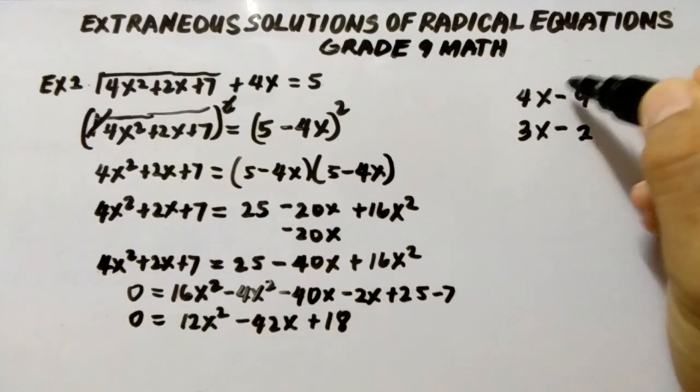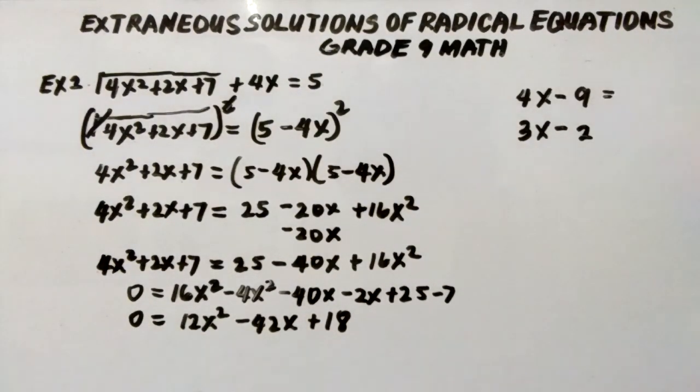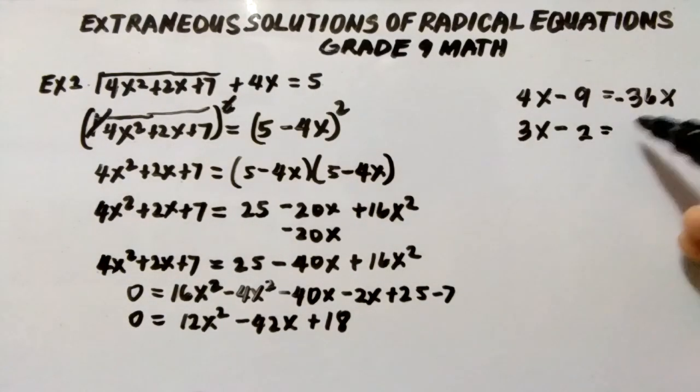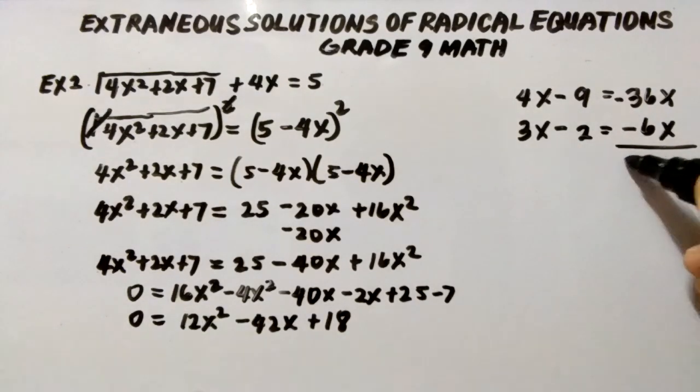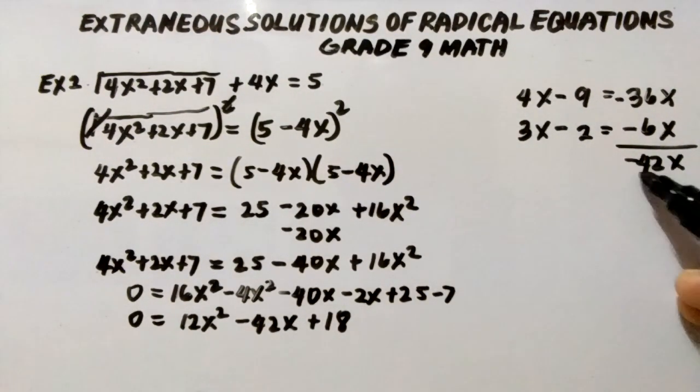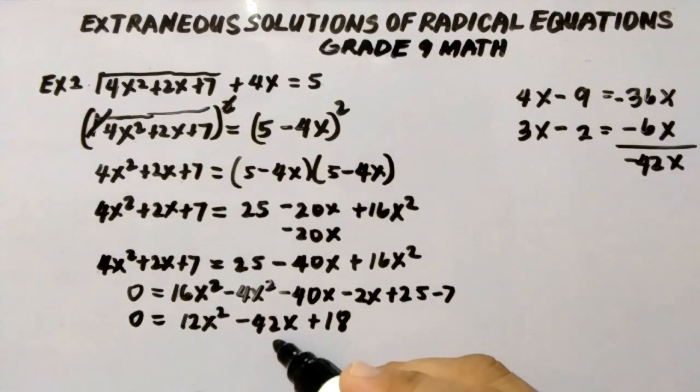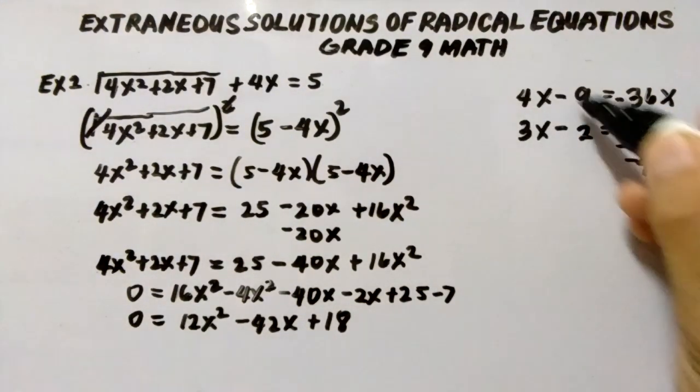So, i-multiply po natin. 4x times negative 9, that is negative 36x. Then 3x times negative 2, that is negative 6x. Then i-add po natin, negative 36x minus 6x, that is negative 42x. Okay. So nakuha po natin yung middle term, magkapareho. So ito na po ang factors na hinahanap natin.